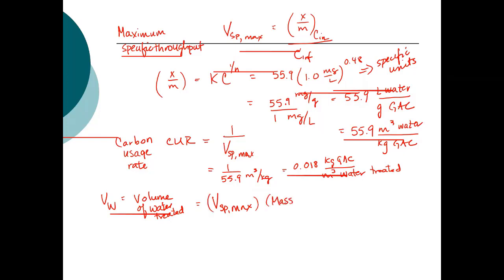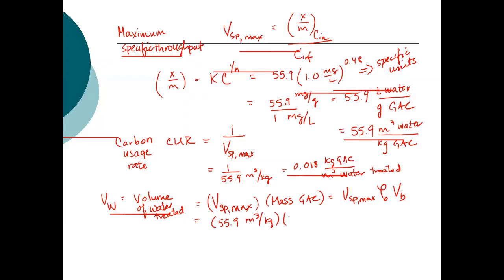Times the mass of carbon, and that is equal to VSP max times your bed density times the volume of the bed. So that is 55.9 meters cubed per kilogram times 450 kilograms of GAC per meter cubed.